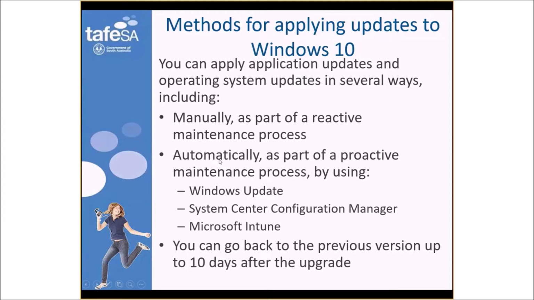There's automatic, which is better. And with the automatic, there's a couple of ways. We can use Windows Update, which goes straight to the internet. We can also use System Center Configuration Manager and Microsoft Intune to deploy these updates to the computers. This is a more organized way where we can actually deploy updates to all these network computers instead of relying on each of them to go to the internet and get their own updates.